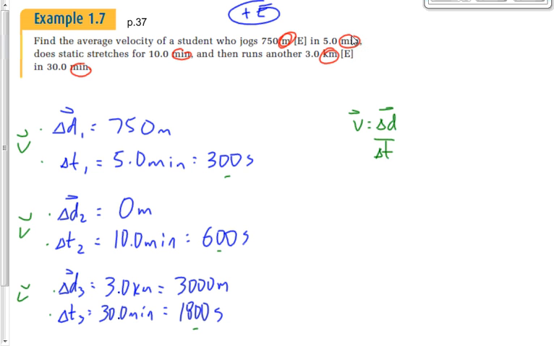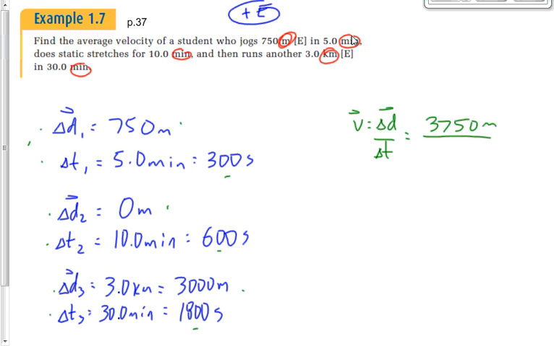You want to find the average velocity? Let's say V equals D over T. What's the total displacement? Do we add them or subtract them? We add them. 3,750 meters, right? 750 plus 0 plus 3,000. What's the total time?